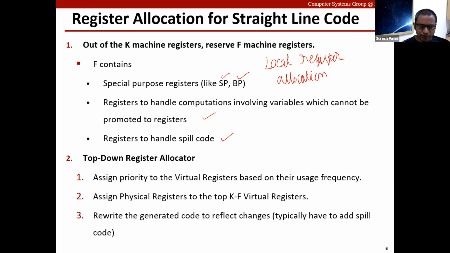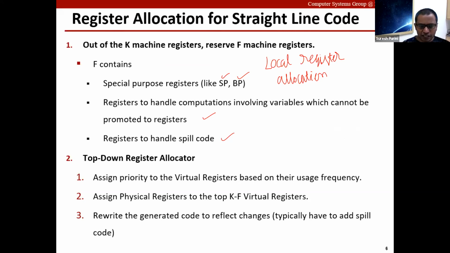So if you are using n virtual registers, we order them in decreasing order of frequency of usage, and for the top k minus f virtual registers, we assign physical registers.